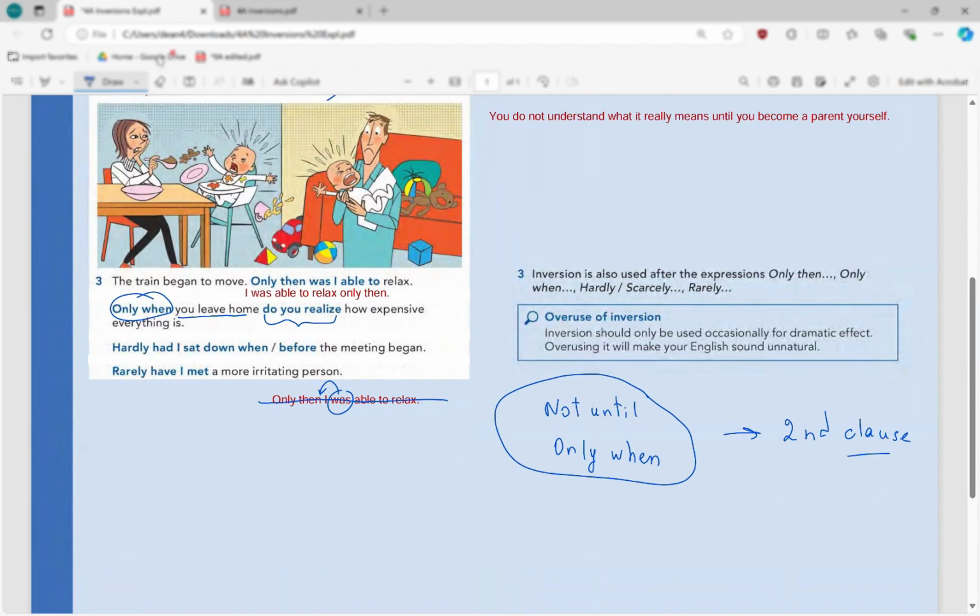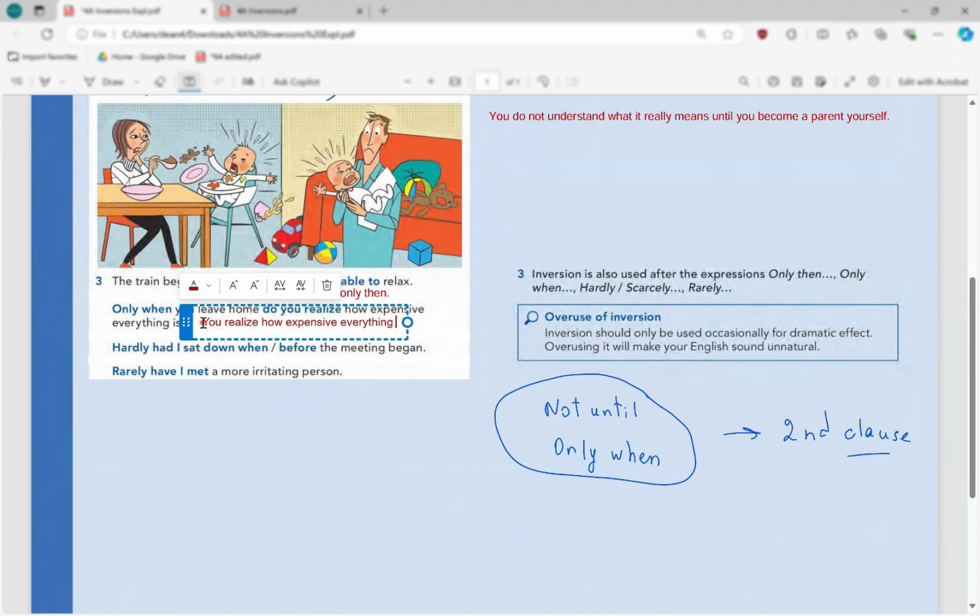Right. What is a normal one? Only when you leave home do you realize how expensive everything is? So if I want to make the normal structure, do you realize, present simple. So you realize how expensive everything is only when you leave home.